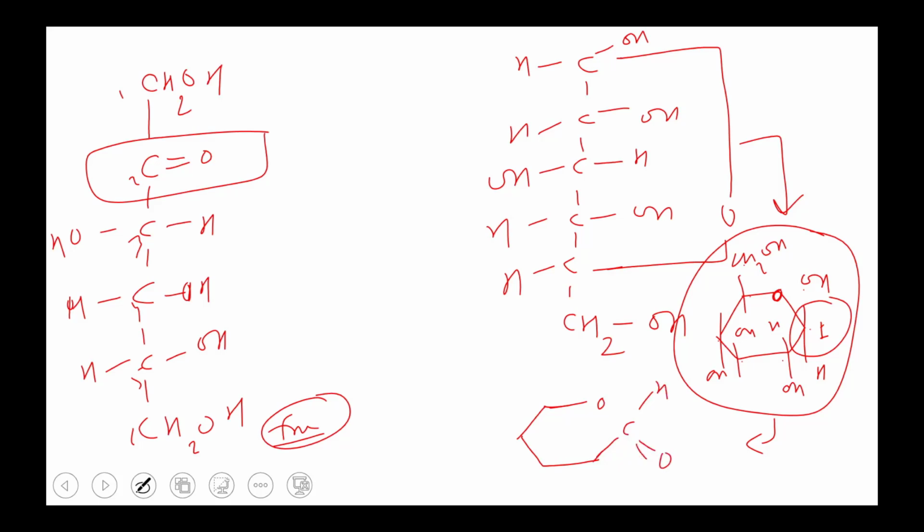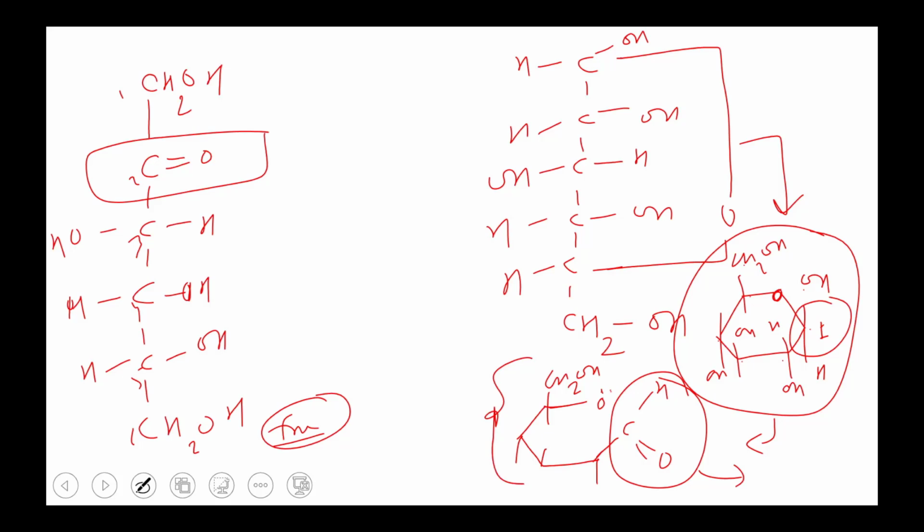So this aldehyde group can be functional, and this reactive aldehyde group can undergo oxidation and make the respective acid form of this sugar, from aldehyde to acid.